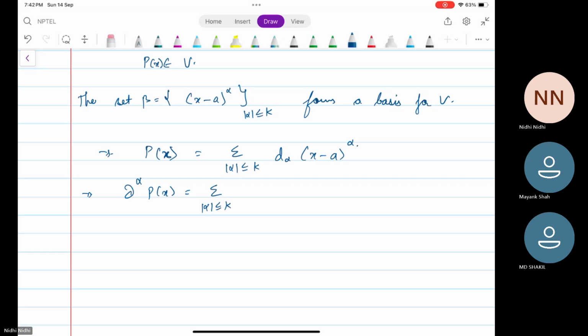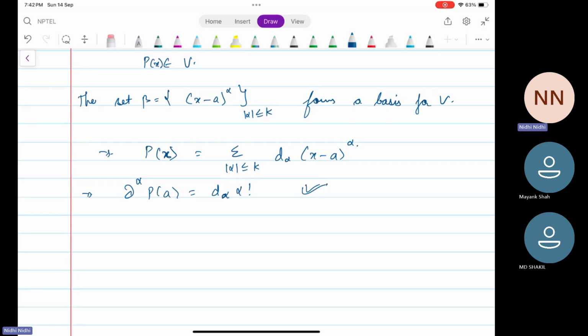Eventually at point a, you'll get this equal to d_alpha times alpha factorial, because we are differentiating alpha times. You can start with dimension 1, 2, and then look forward.